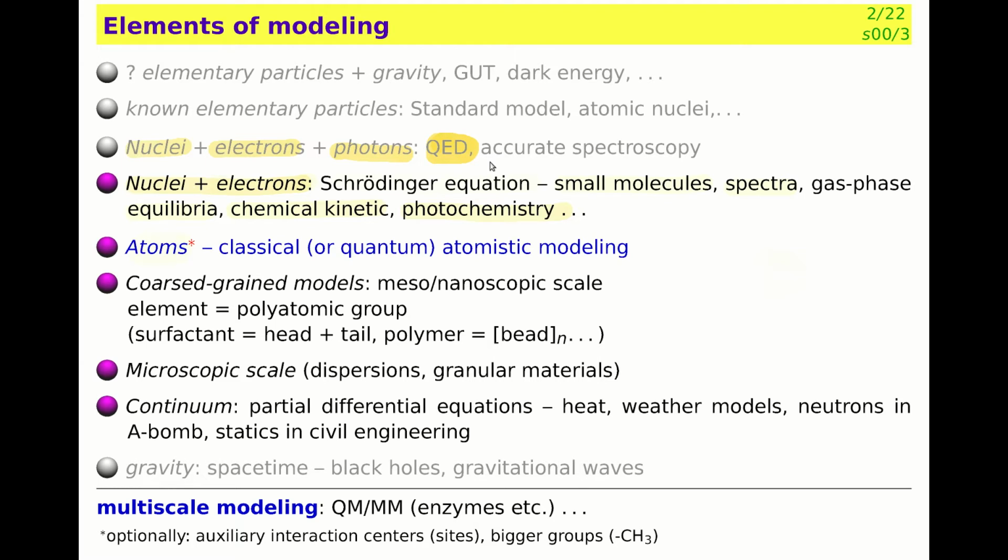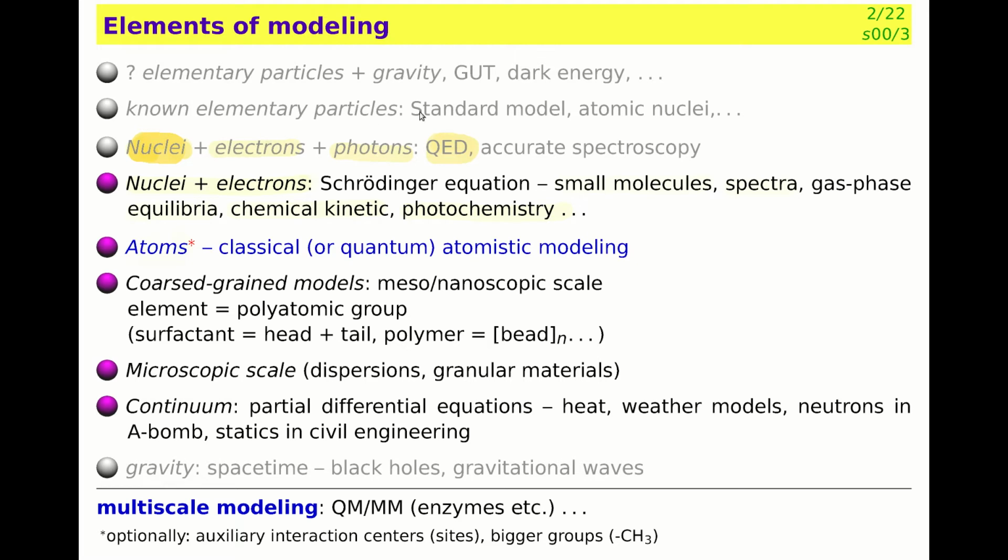Of course, at this moment, if our elements are nuclear, we can ask whether nuclei are elementary particles or not. And it's known that nuclei are not elementary particles. They are composed of protons and neutrons, which are composed of quarks and gluons and so on.